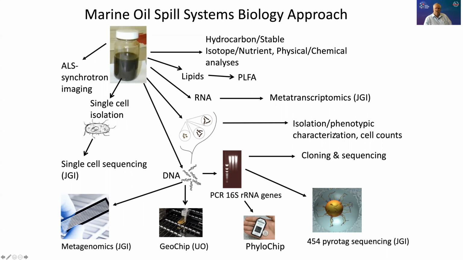Isolation and phenotypic characterization, cell counts, cloning and sequencing, 454 pyrotag by JGI, PhyloChip by us at Berkeley Lab, GeoChip by the University of Oklahoma, metagenomics by JGI, and then single cell sequencing with JGI, and at the Advanced Light Source, synchrotron imaging for various components.